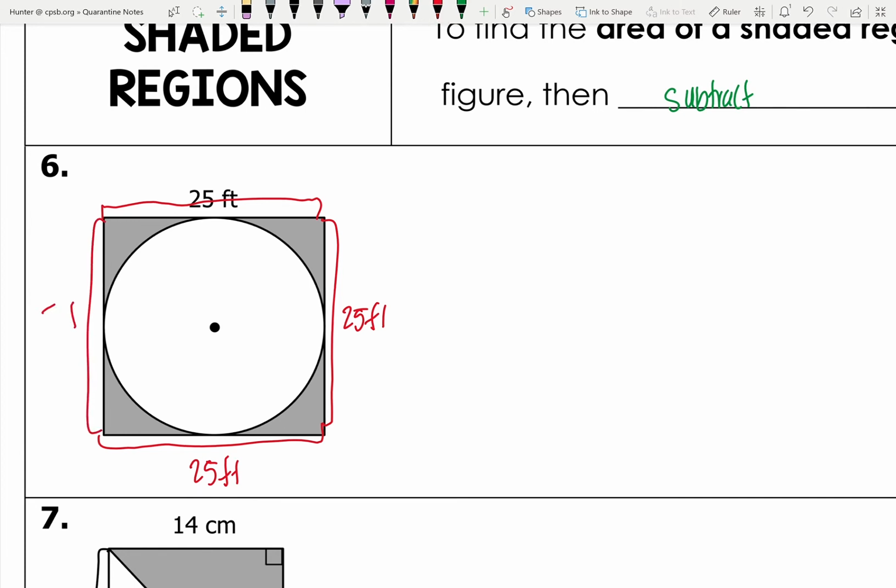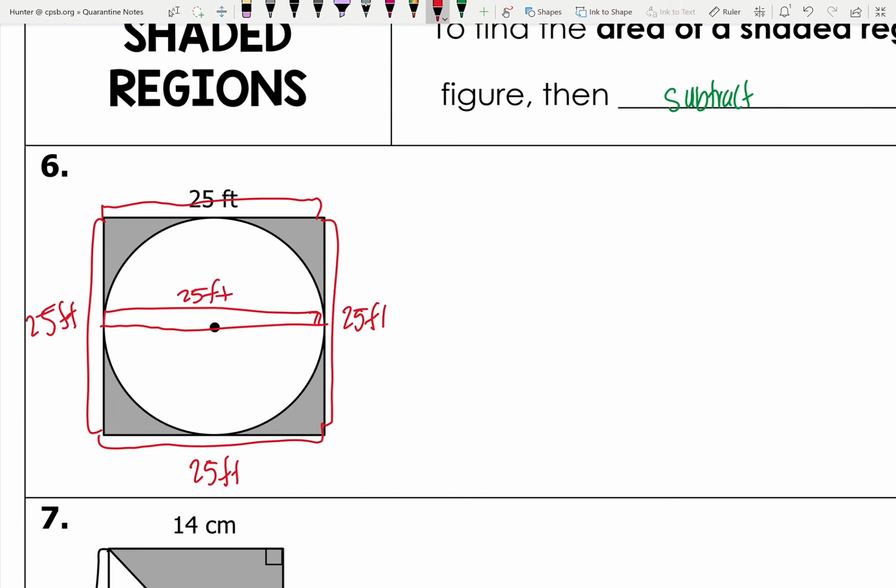Ooh, that looks bad. Okay. Well, I also see that the circle reaches from one edge of the square to the other edge, and that line would go through the center. Remember, this line is what we call the diameter, so this is also 25 feet.